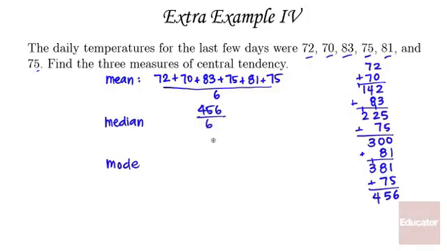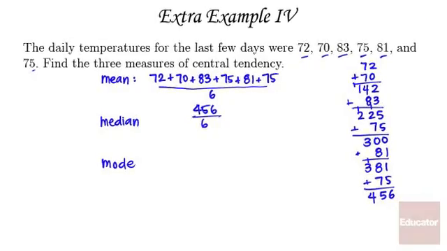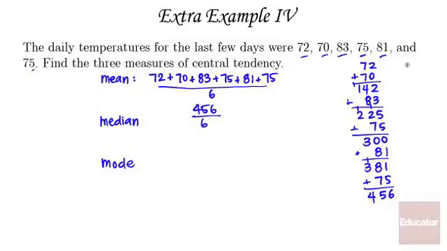456 divided by 6. Okay, so let's divide this number by 6. I know that 6 cannot fit into 4, so 6 is going to fit into 45, this number here. 6 times 6 is 36, 6 times 7 is 42, 6 times 8 is 48.